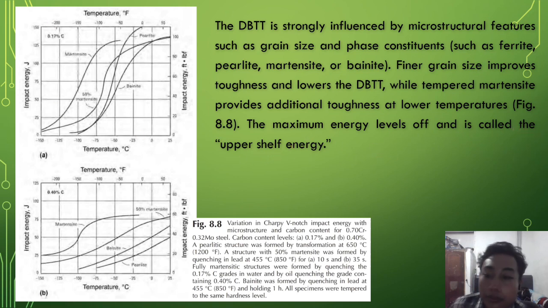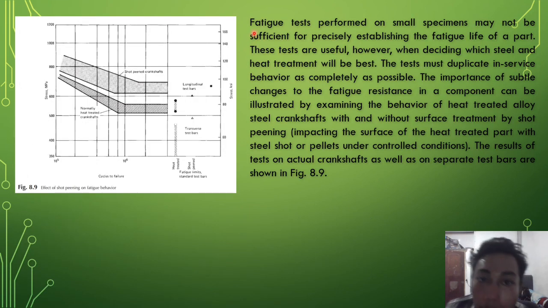See the picture. Next. To test performance, a specimen is machined and a particular notch is established on the surface of the specimen. These tests are usually performed on the heat treated part.